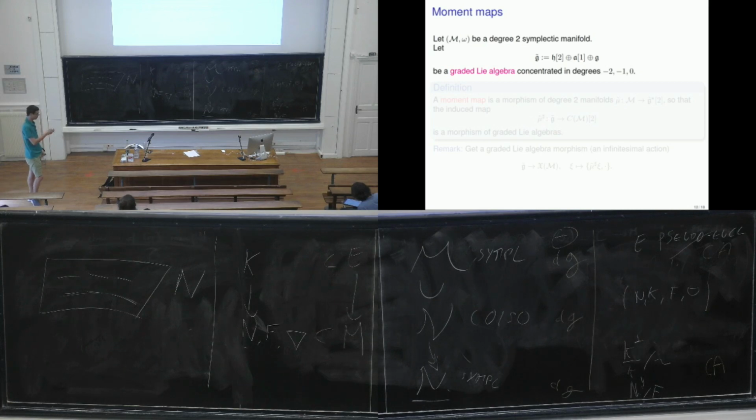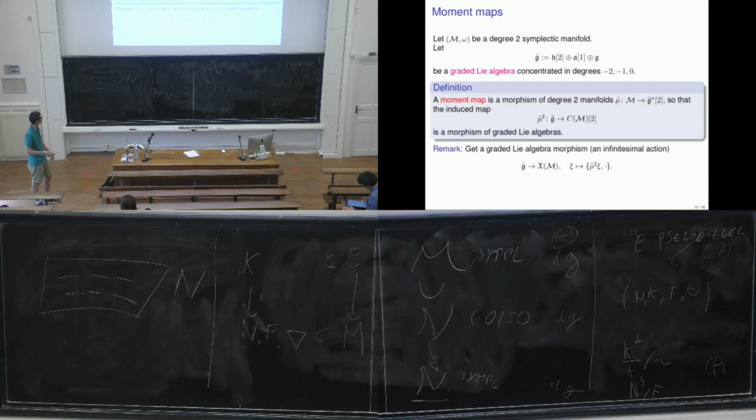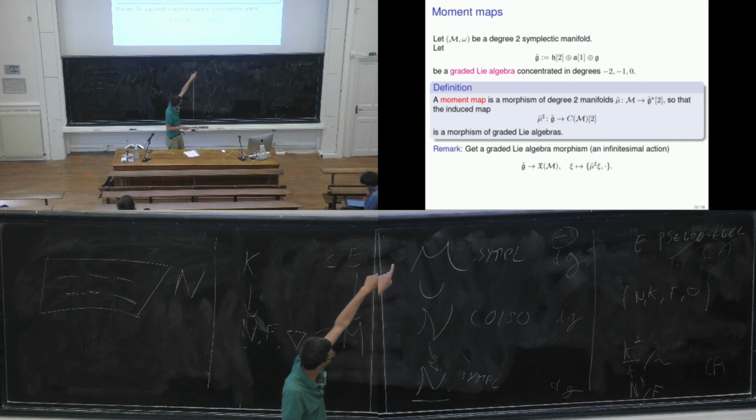To do things properly, I should say what an infinitesimal action is. That should just be a morphism of graded Lie algebras from G tilde into the vector fields, and then the action has a moment map if blah, blah, blah. To save time, I'll do it the other way around and say immediately what the moment map is. Some people might call it the co-moment map. No, sorry, this is really the moment map. The moment map is a morphism of graded manifolds from M to G tilde star, with a degree shift.